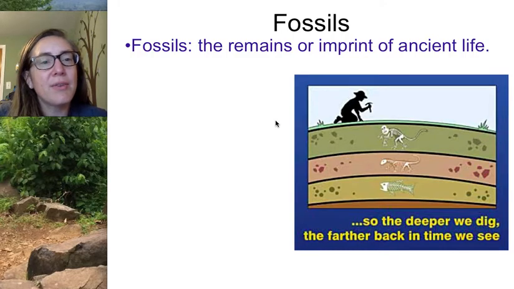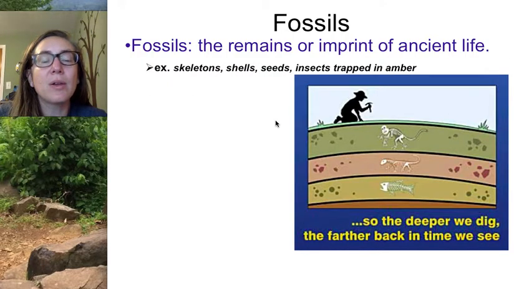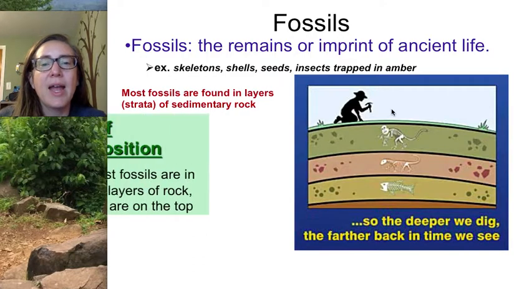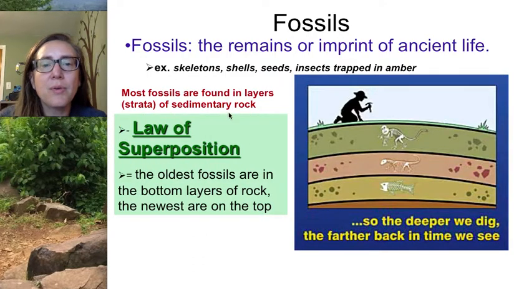It's not just finding fossils to find fossils, but the level in which you are going to find fossils is also going to give you some supporting evidence. So most fossils are found in the sedimentary rock. A fossil is just any remain or imprint of ancient life. And the deeper that you go, according to the law of superposition, the older the fossils are going to be.